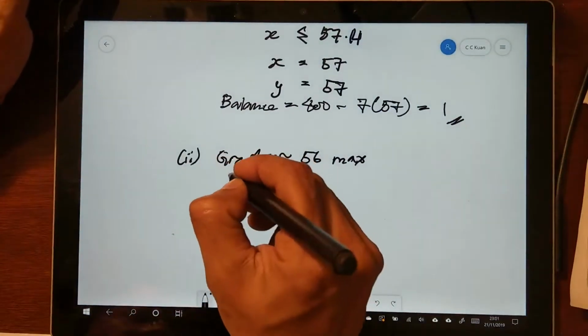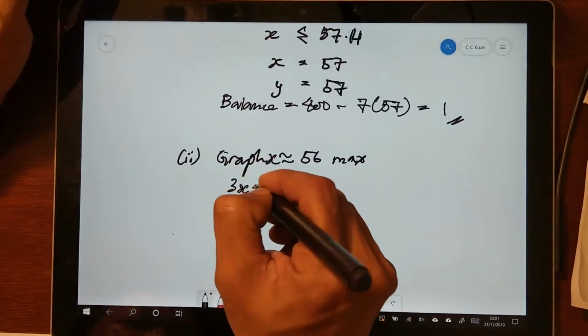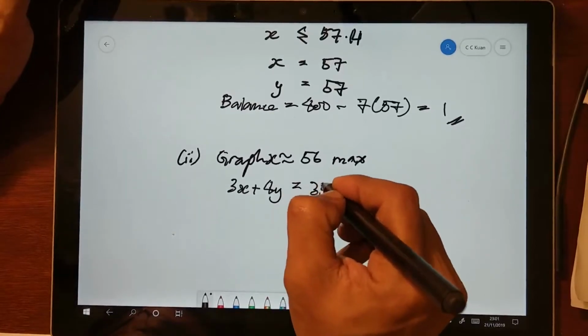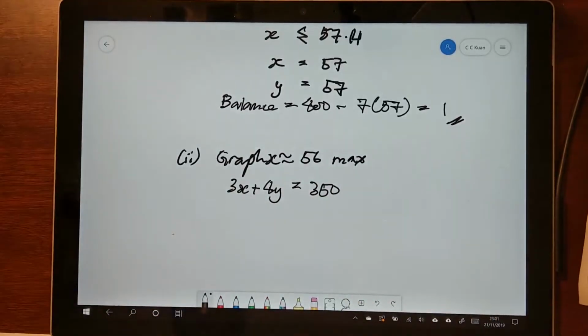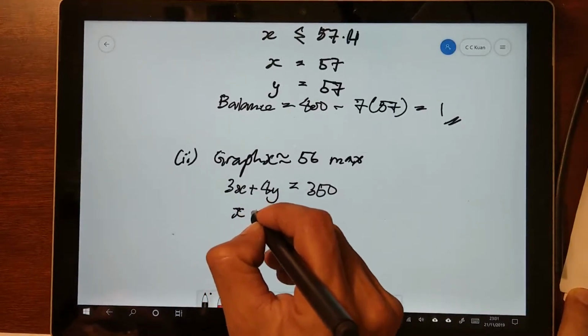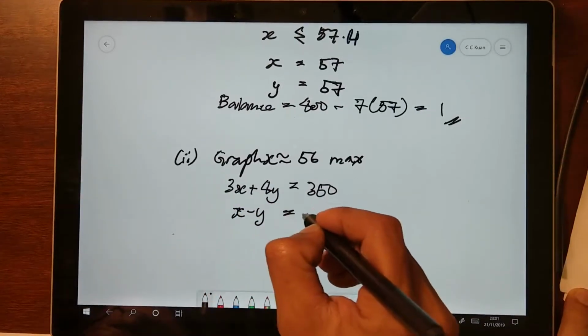So let's have 3x plus 4y. Let's just set that equal to 350, your new budget. And we've got x minus y equals 10.